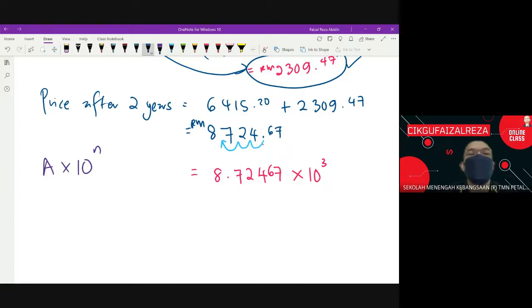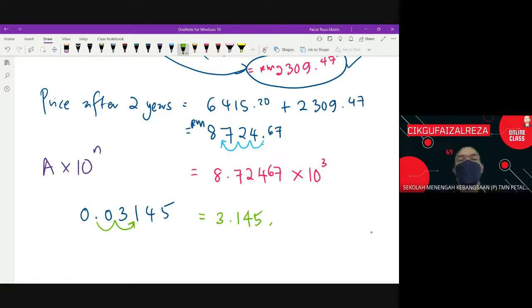If I want to convert it into standard form, it's going to move to the right, isn't it? 1, 2, 3. So we are going to get 3.145 times 10 to the power of negative 3 because we move to the right. If you move to the left, it's going to be times 10 to a positive power, our n.